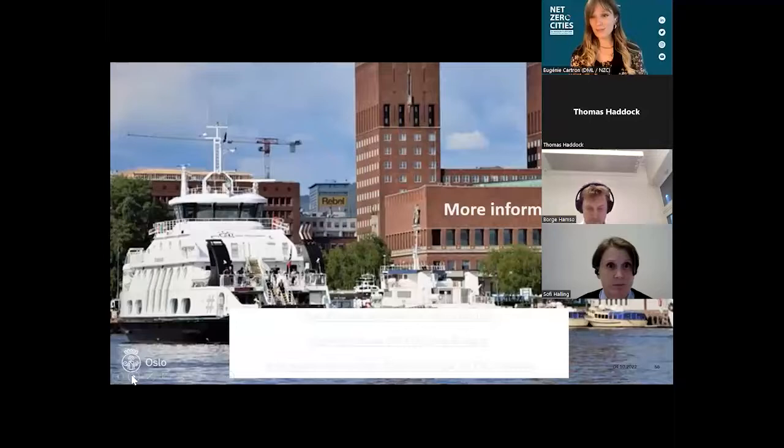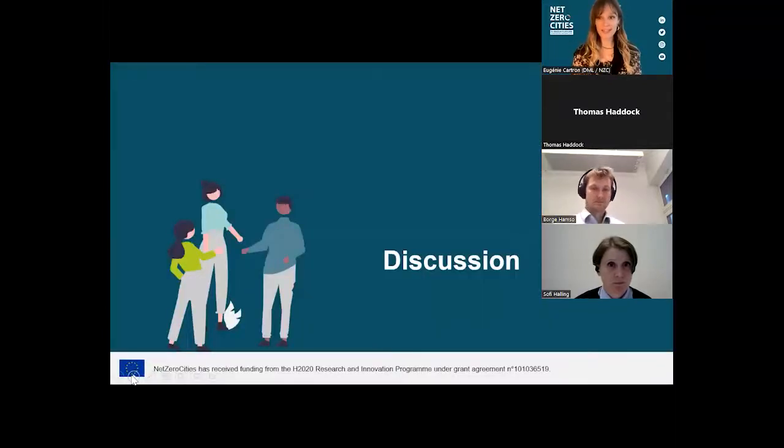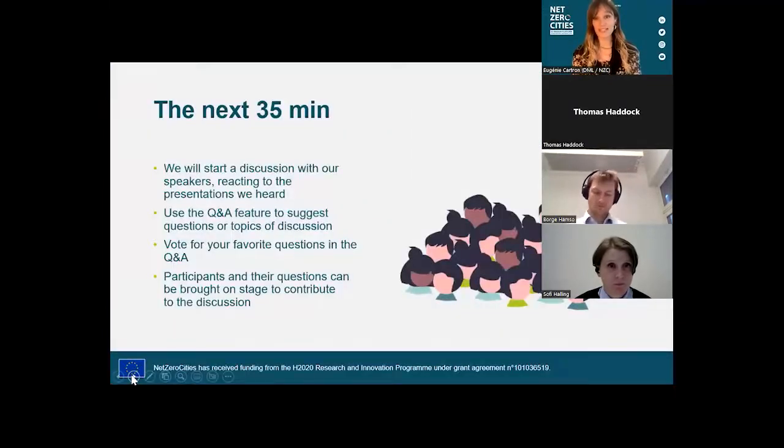Thanks a lot for your presentation. It's really good to hear about the climate budget as well. I think if we move to the next slide, Tom, we will be able to start opening the discussion. So essentially we have a rough 35 minutes in front of us, and we will start a discussion with our speakers. We've got Sophie, Borge, Ron that are still here.